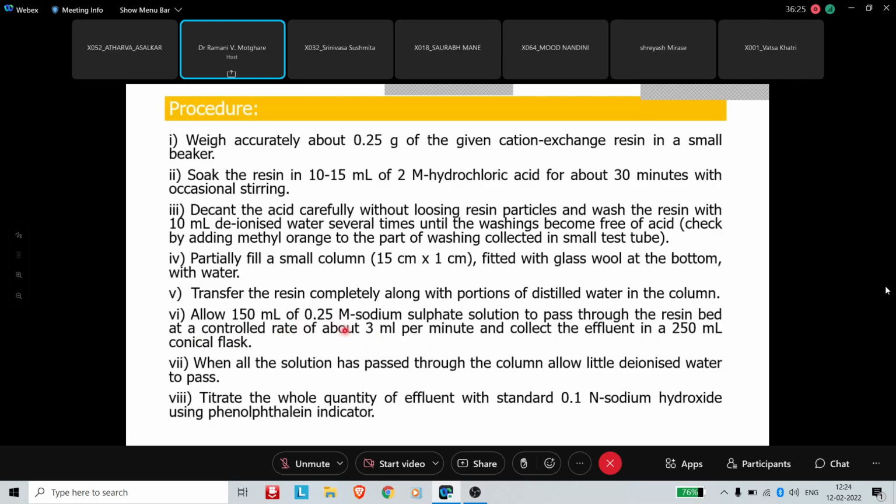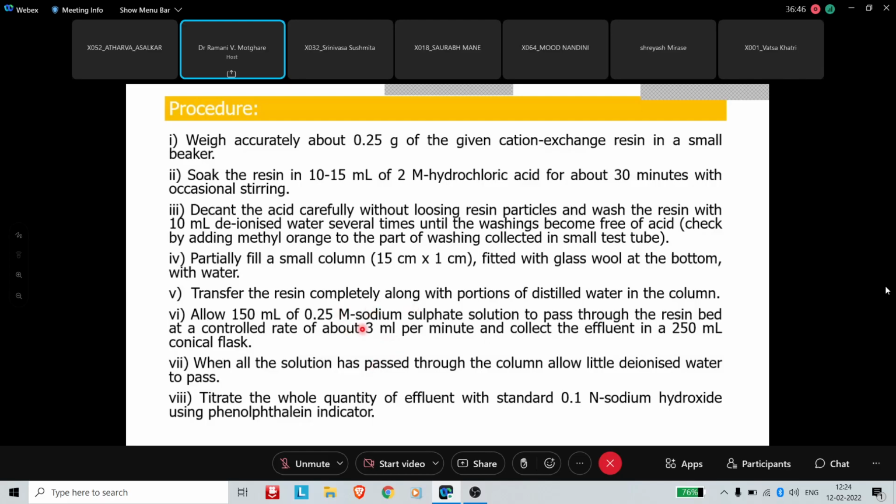So there is only one step: once your resin is converted into hydrogen form and the column is made, then you have to pass 150 ml of sodium sulfate solution, which is 0.25 molar, at a rate of 3 ml per minute.